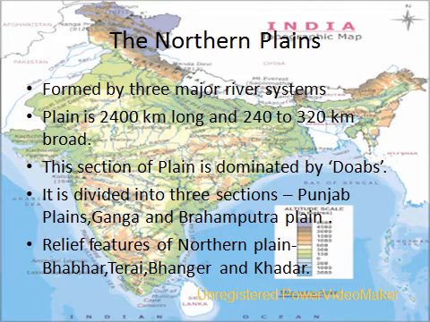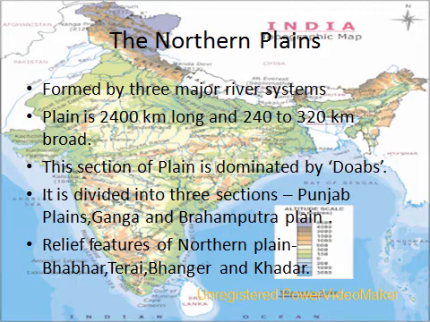The western part of the northern plain is known as Punjab Plains, formed by Indus and its tributaries Jhelum, Chenab, Ravi, Beas and Satluj. This section of the plain is dominated by doabs. Doab is an area between two rivers.